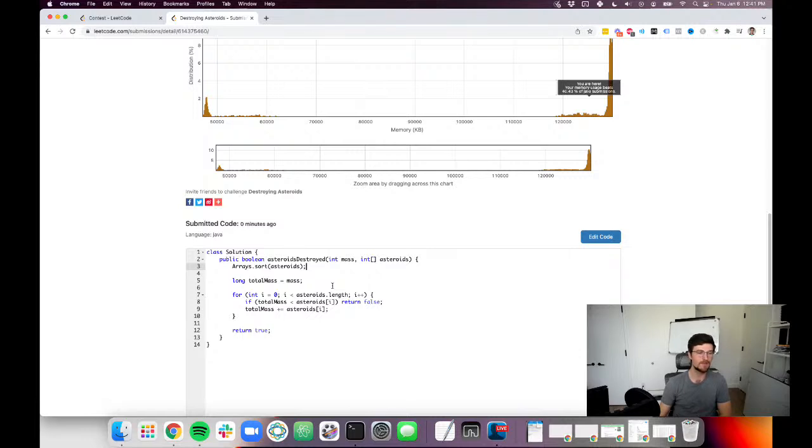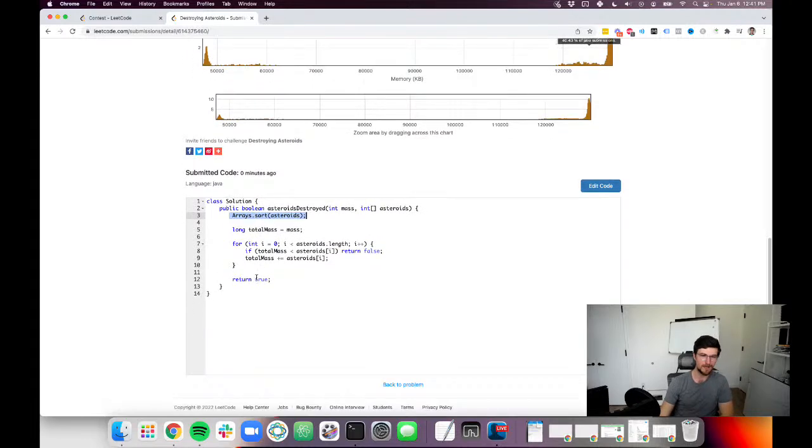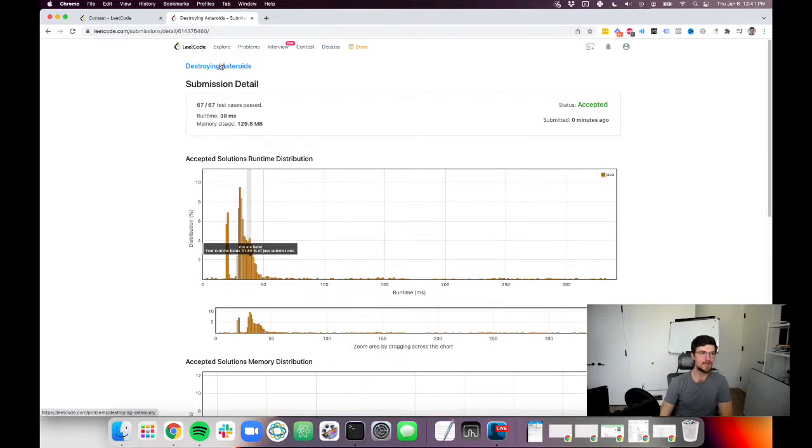If we wanted to get really fancy, rather than sorting the whole array, we really just need to partition it into sections that are larger or smaller than a given amount, right? Because if we partitioned it, we could add in all of the asteroids that are smaller than the current size of the planet. Then we would have some remainder, we could partition that and continue on. So there might be ways that we could make this more efficient, but again, it's not a slow solution, so I'm not really upset about it.